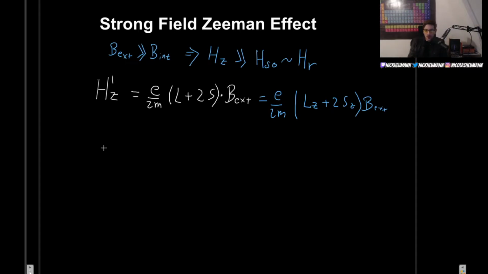Now, the way to go about this, of course, is that in order to find the expectation value of LZ and SZ easily, we want to be in a basis where their quantum numbers, ML and MS, are hopefully good quantum numbers.